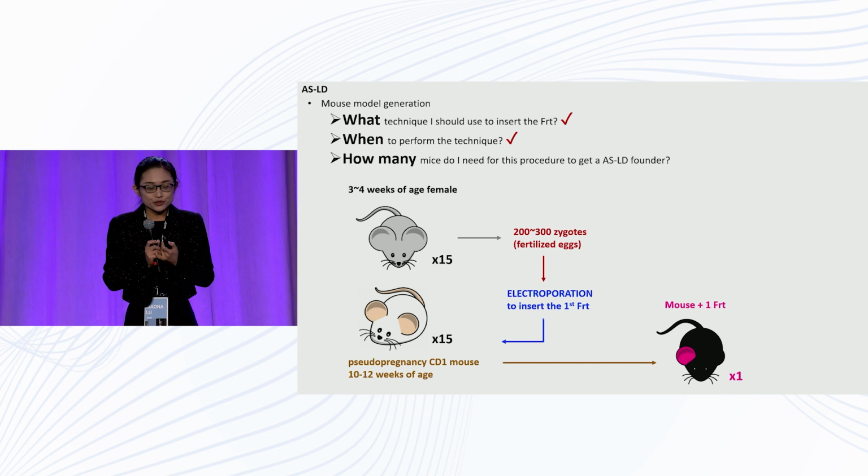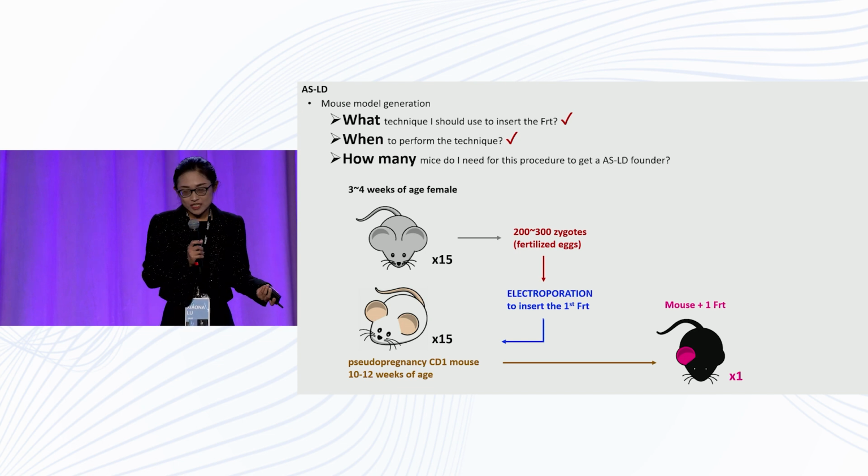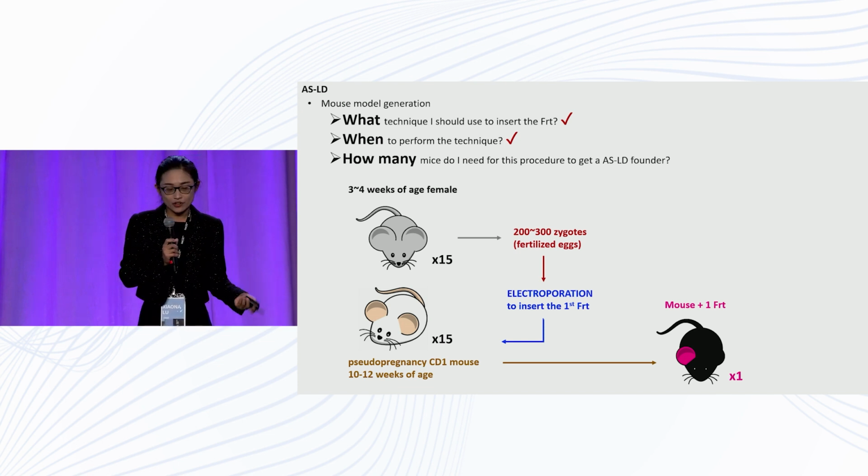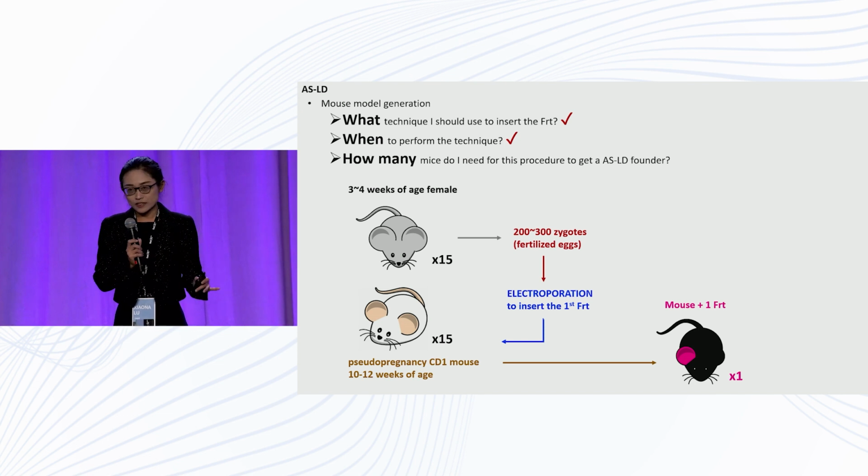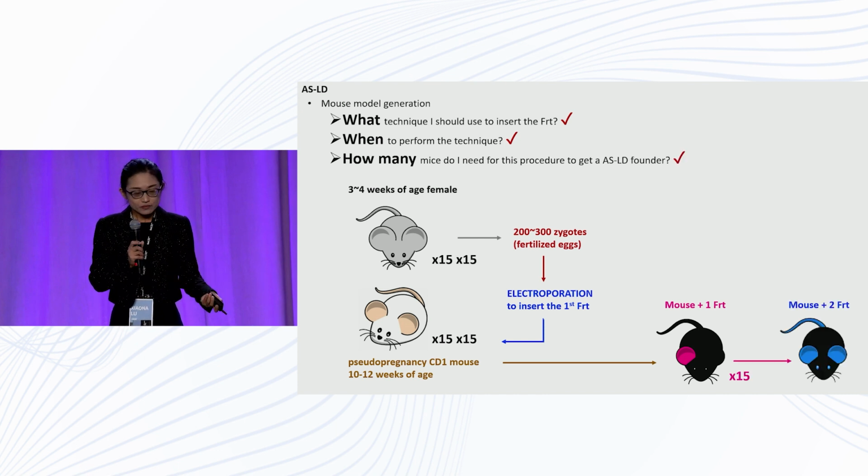Then I started to do the math: how many mice do I need to get just one large deletion founder? We need 15 young females to generate 200 to 300 zygotes, and another 15 CD1 mice to be pregnant with these zygotes, to get just one FRT in place.